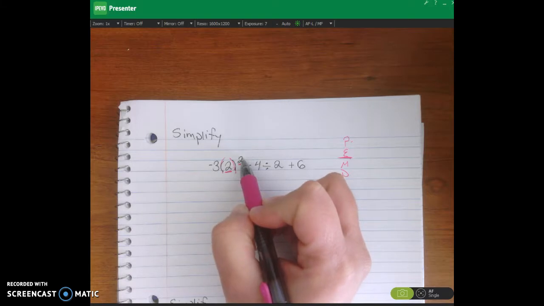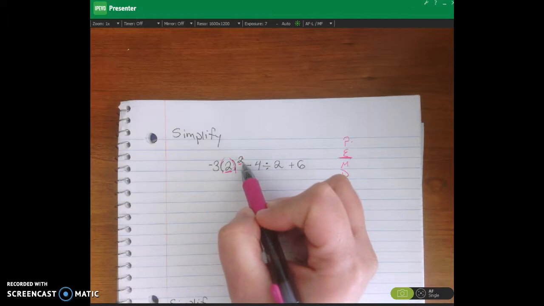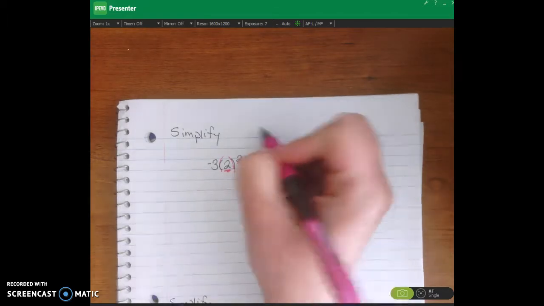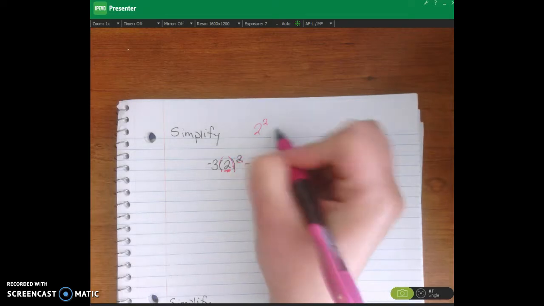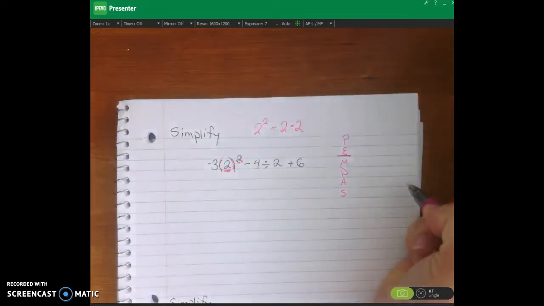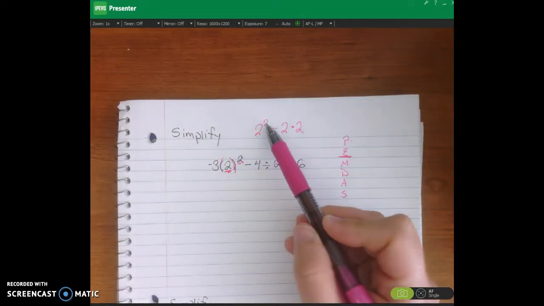And anytime a number is raised to a power, that's what we call this number, is a power, you're going to multiply this number by itself that many times. So 2 squared is equal to 2 times 2 because it is 2 raised to the second power.